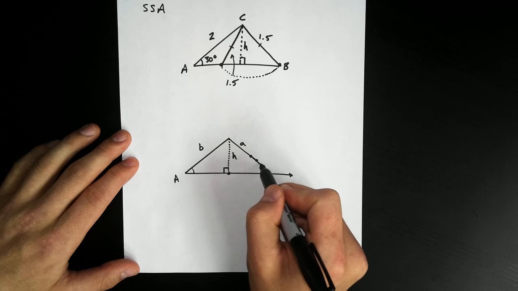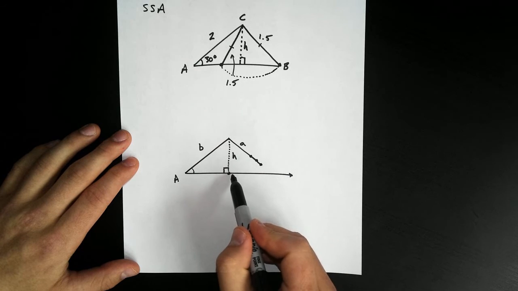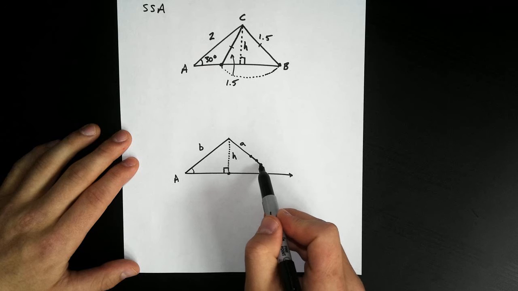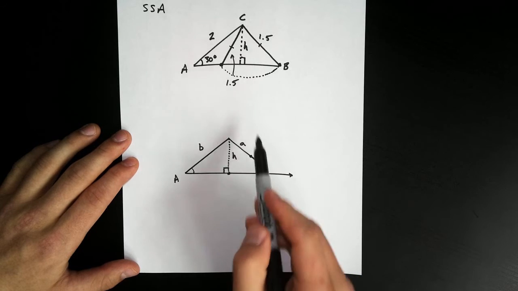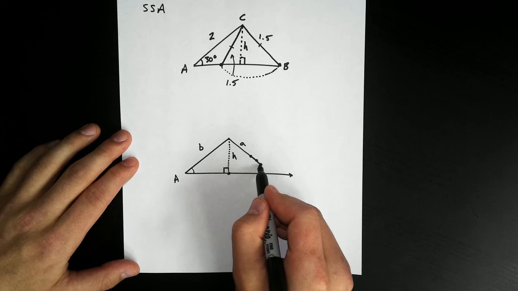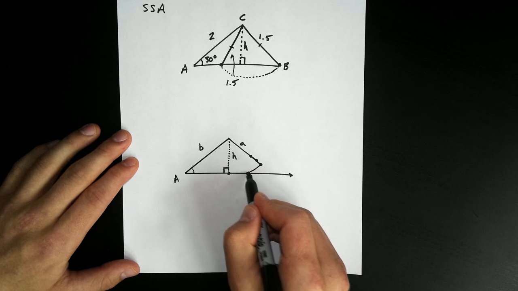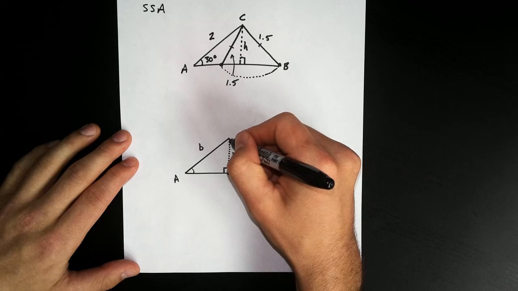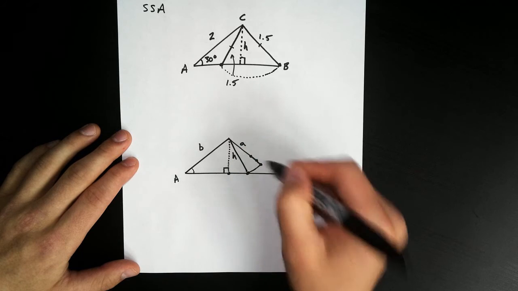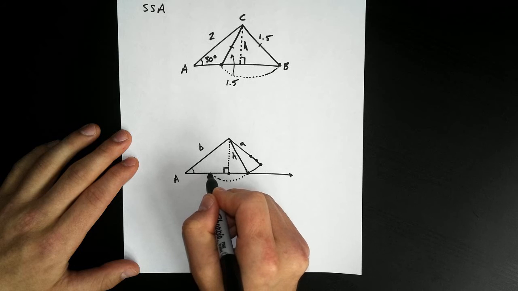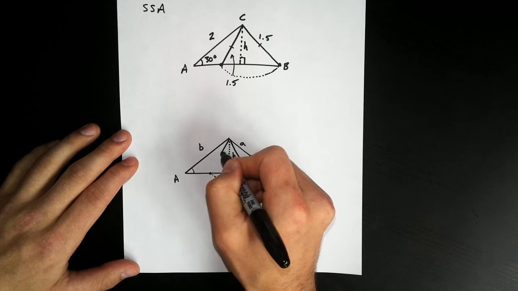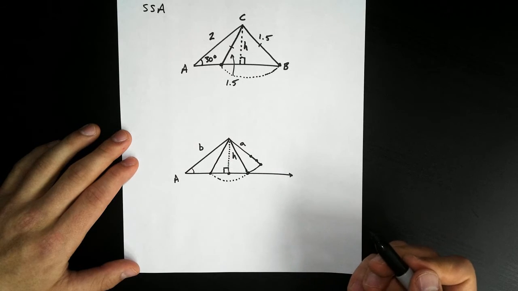I can make it a little bit longer, so now it's even longer than H. When I try and close this off, I actually have two spots where that's going to meet, like we saw up here. If I swing that through, I can have one triangle where it meets here. So that's one possibility. Or I could keep going, swing it through to the other side, reflect that, and I get a second triangle.